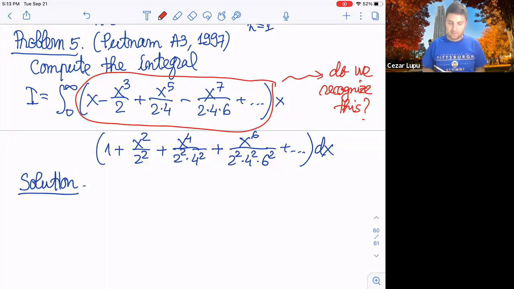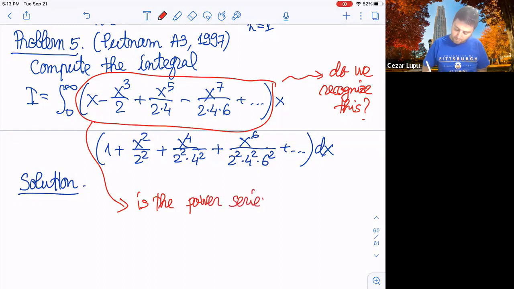Well, actually, yes, we can recognize. So this expression here is nothing else than just the power series of, and we have an x we can factor, x times e to the, let's see, so it's also over 2.